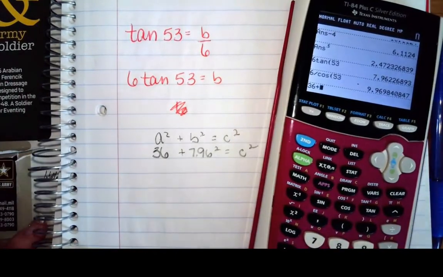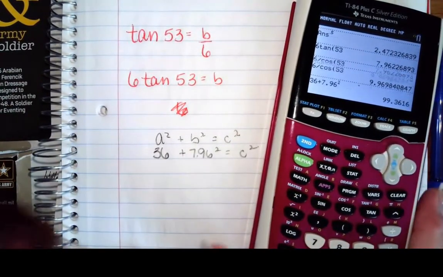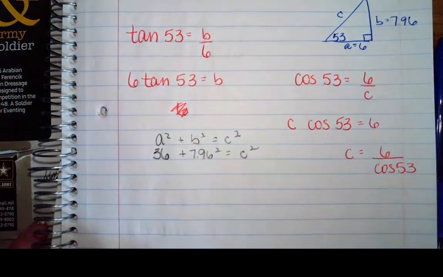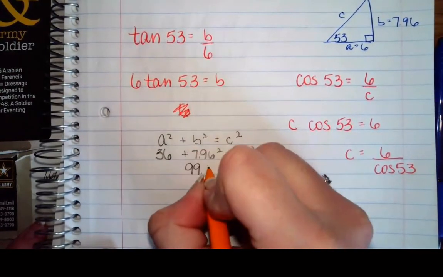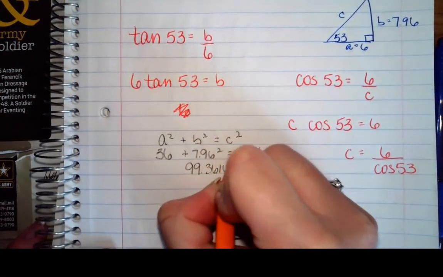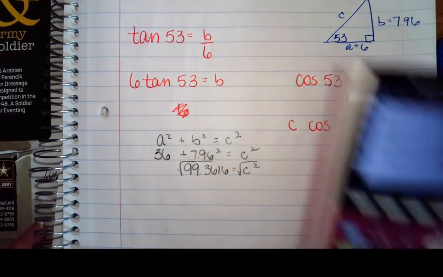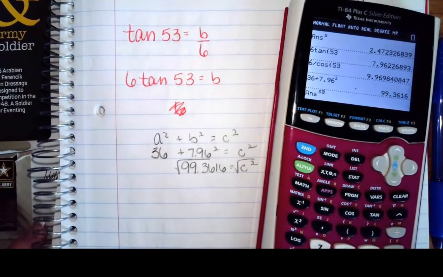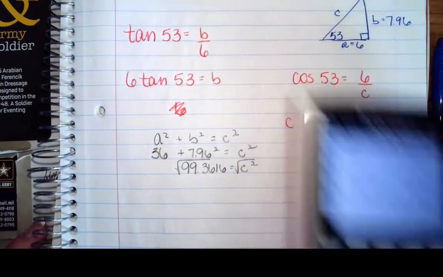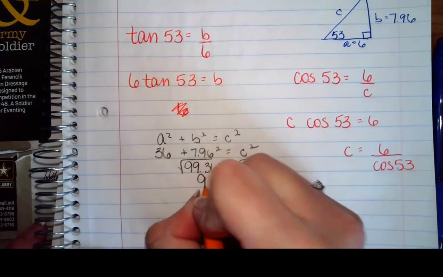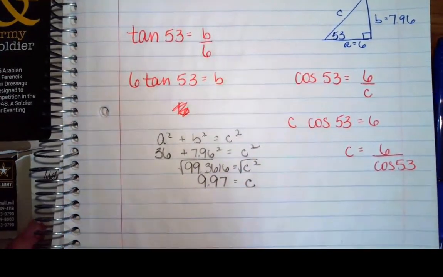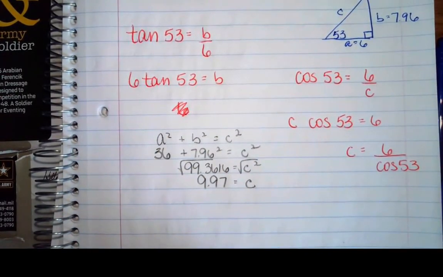So 36 plus 7.96 squared gives me 99.3616. So 99.3616 is c squared. And now take a square root of that. So I'm going to raise it to the 0.5 power, and I get 9.97. So 9.97 is c. So again, you get your answer either way. Just find trig functions, trig ratios that work with what you have.